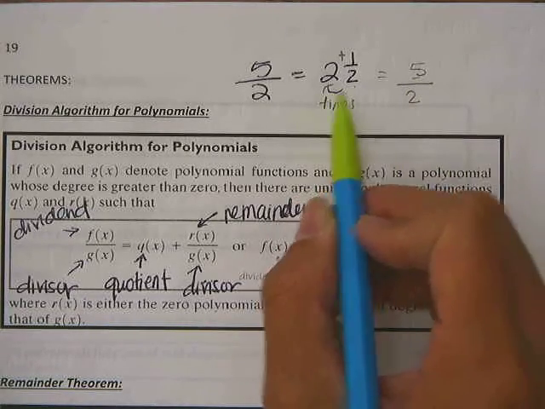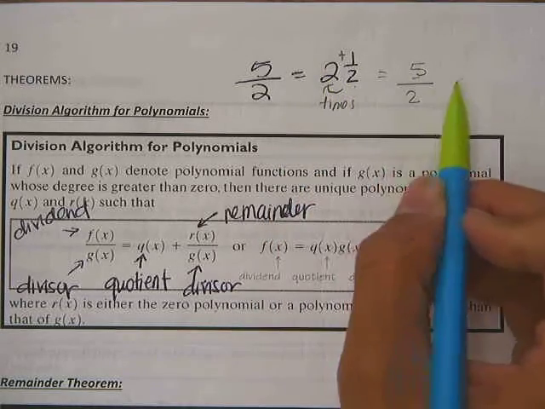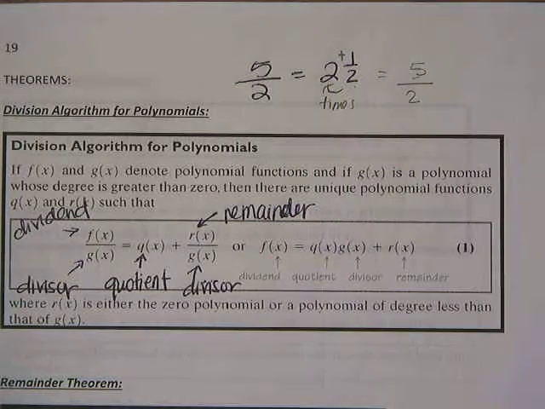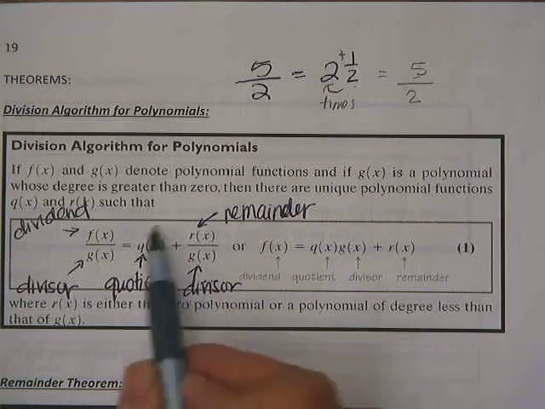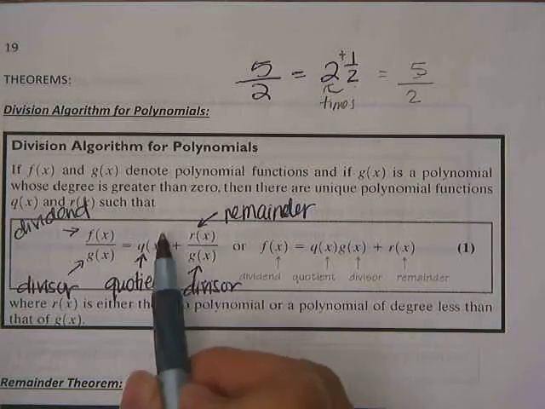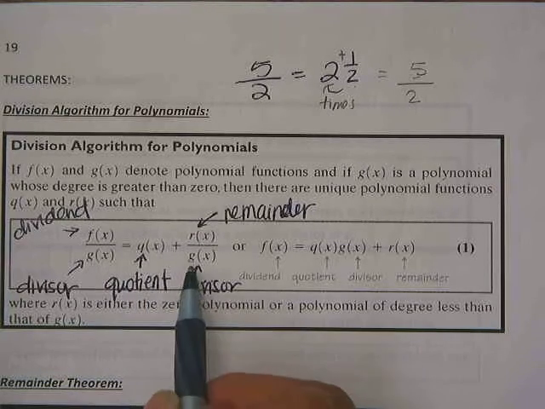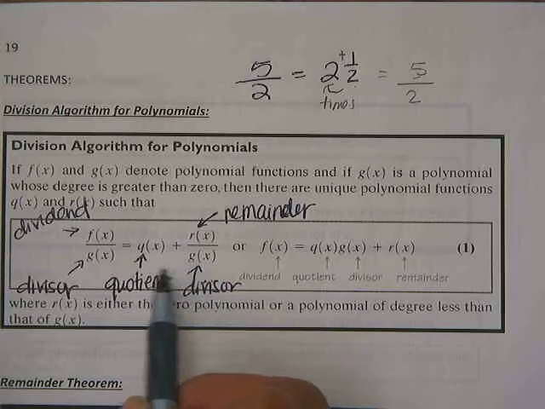So I can go from a mixed fraction to an improper fraction by doing this, times and add. Well, same thing. I can go from a mixed fraction back to my original by taking my g of x multiplied by my quotient.